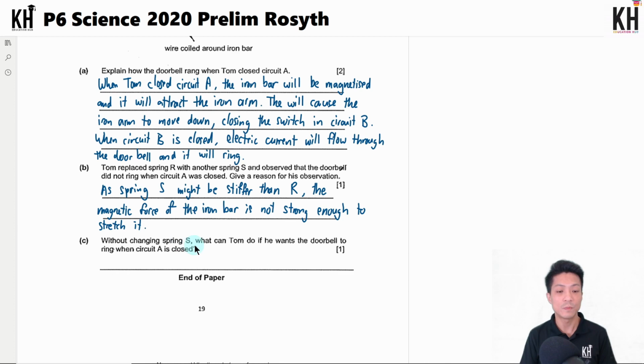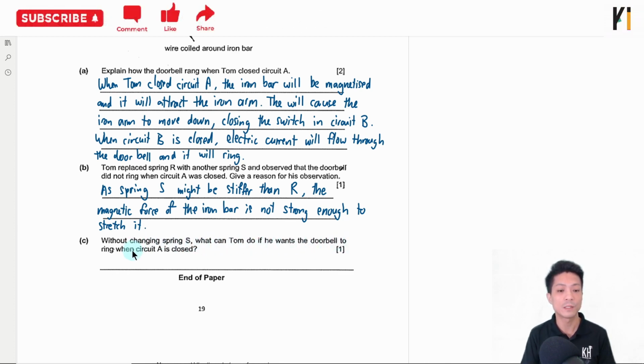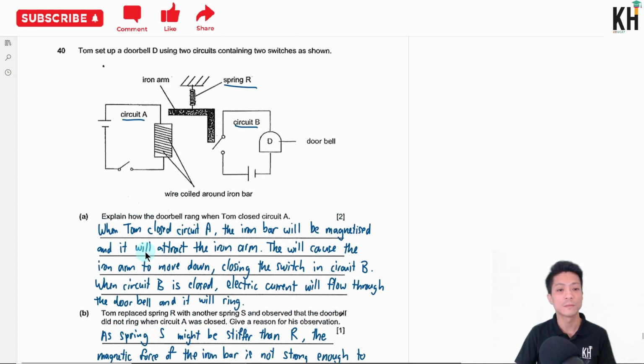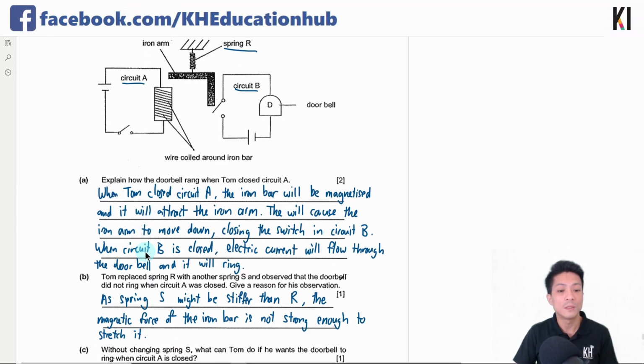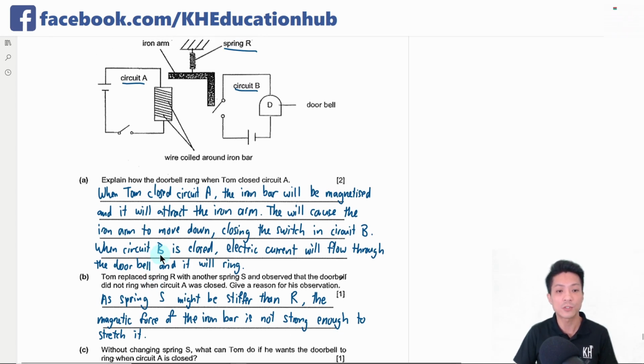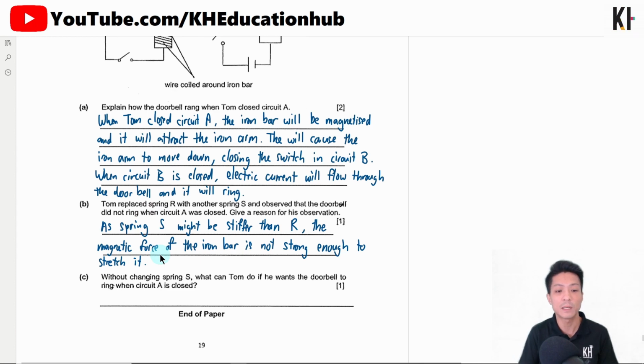Okay, without changing spring S, what can Tom do if he wants the doorbell to ring when circuit A is closed? So if the magnetic force of the iron bar is not strong enough, probably we can increase the strength of the electromagnet.